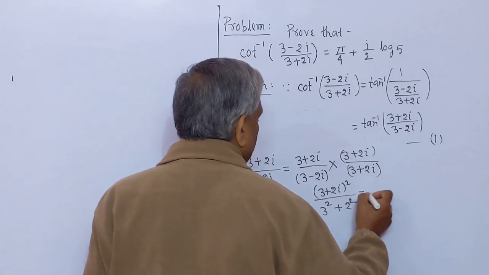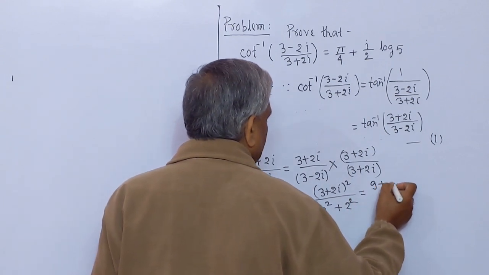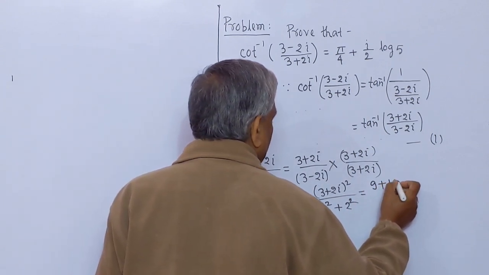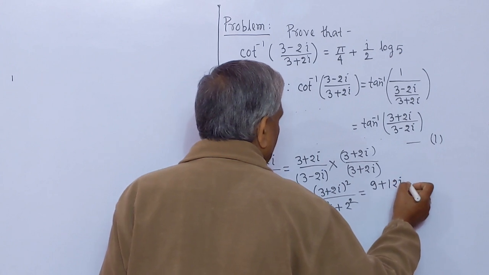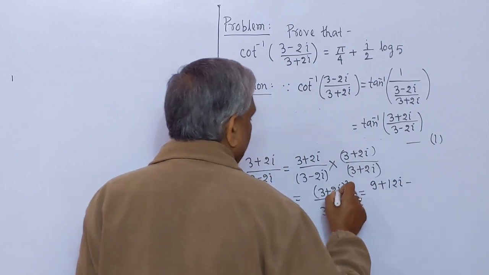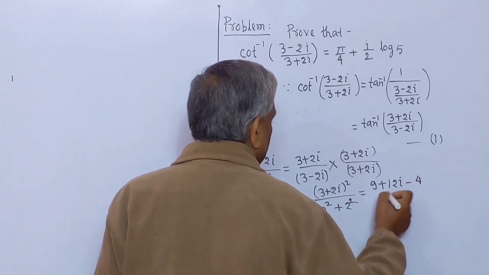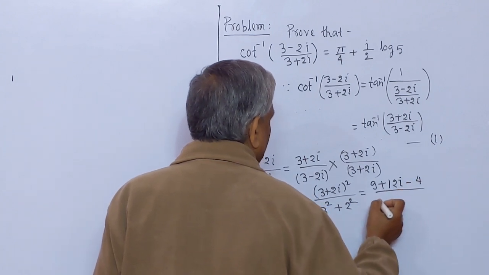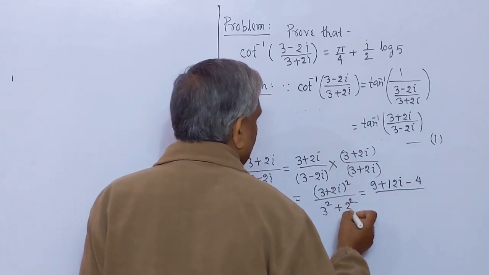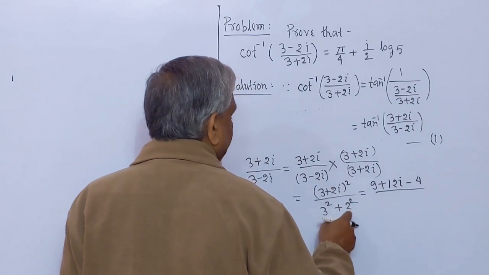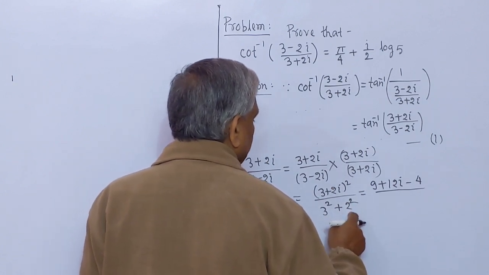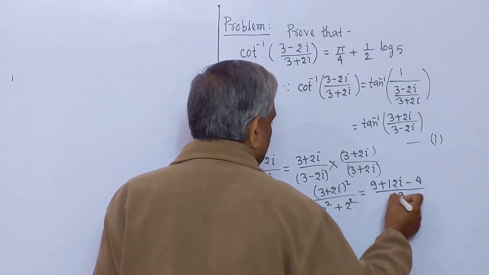This equals 9 plus 12i minus 4, since i square equals minus 1, by 9 plus 4, which is 13.